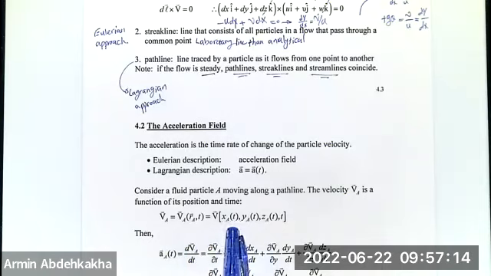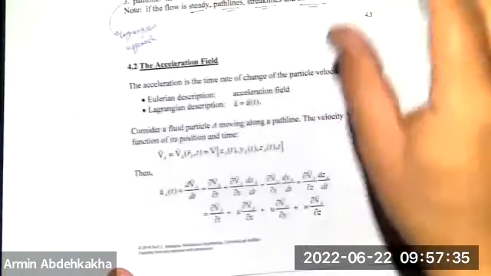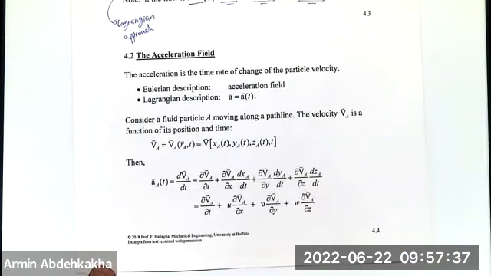So the location of the particle as a function of time, and also time. That time also changes based on the movement of that object, right? So the acceleration could be defined by the total derivative, right?